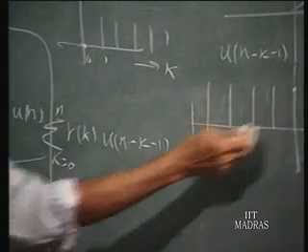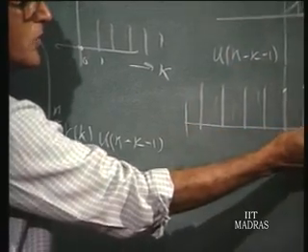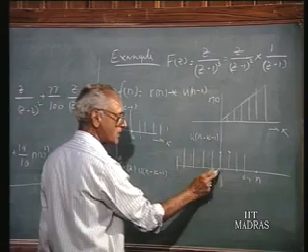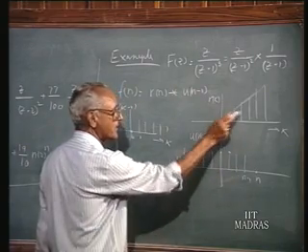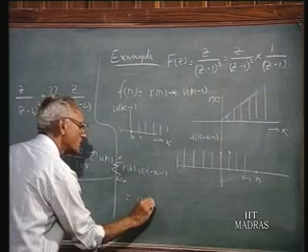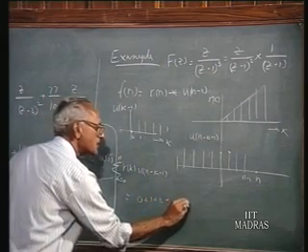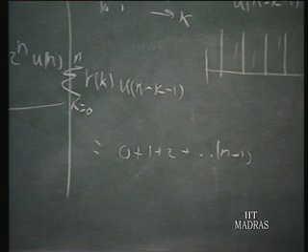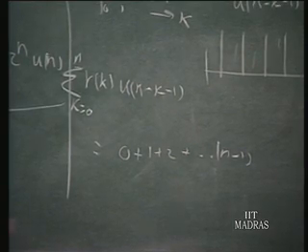It means you are multiplying these samples by these unit values and then summing them up. So for this particular situation, first n minus 1 samples are taken in r of k and then summed up. That means you are taking 0, 1, 2 right up to n minus 1. And that will fetch you the answer n into n minus 1 by 2.